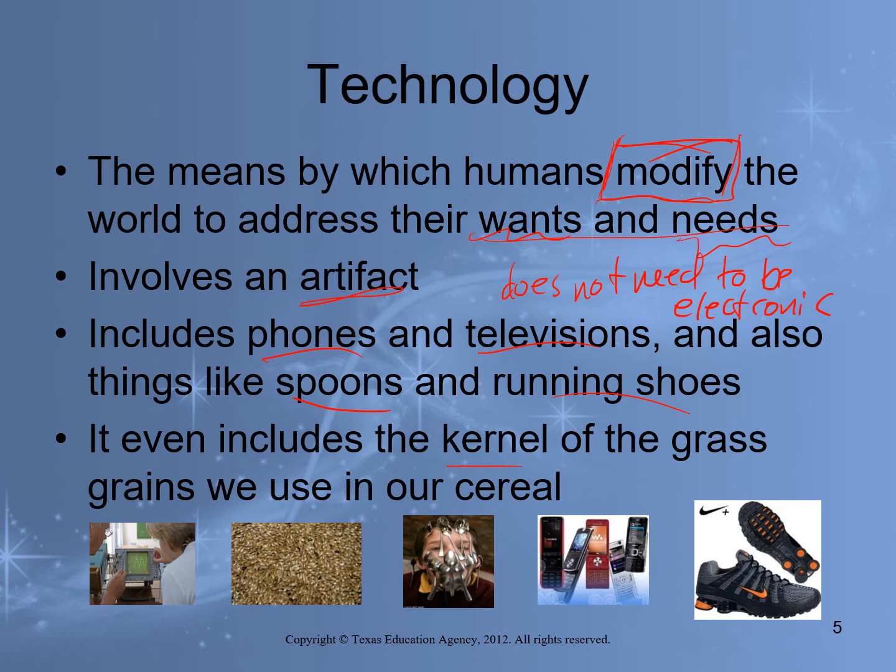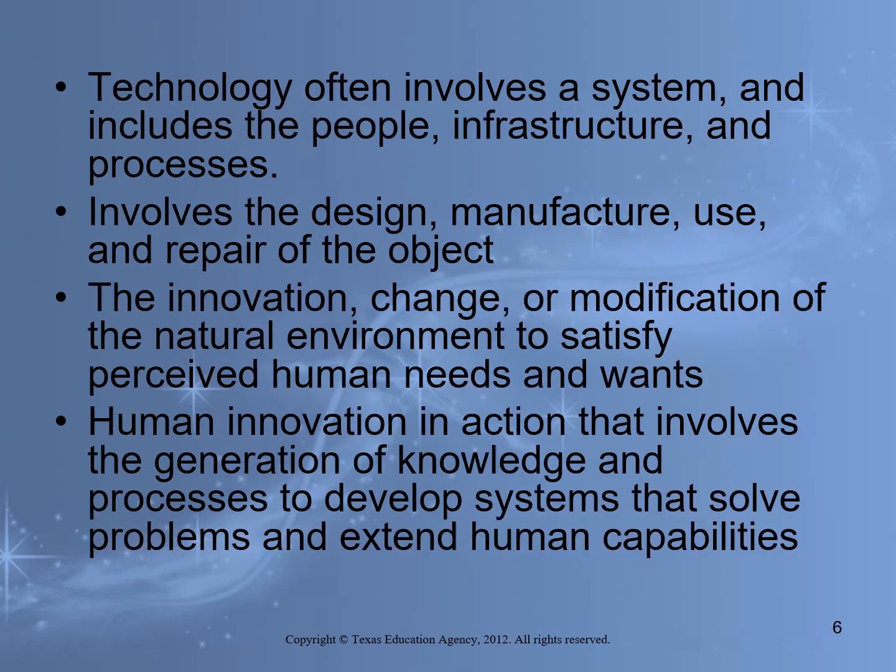So you figured out how to harvest this from nature and use that. So that'd be something you can use too. Technology often involves a system, right? Because it's been developed, it's been worked. It includes the people, infrastructure, and the process. So all together, all the process together.